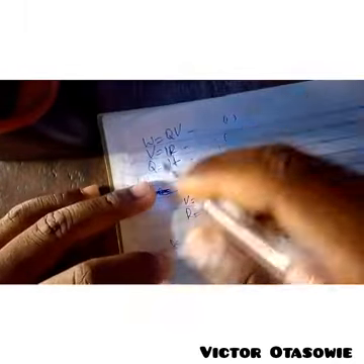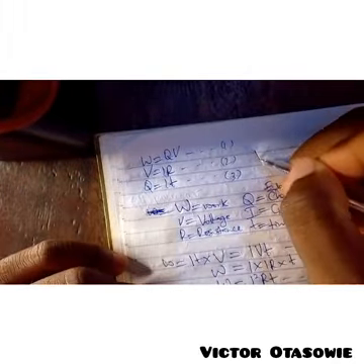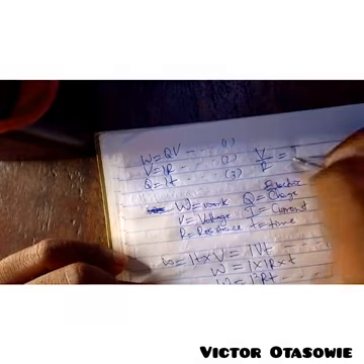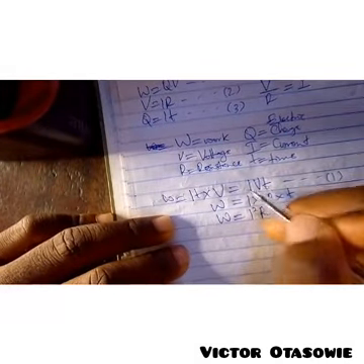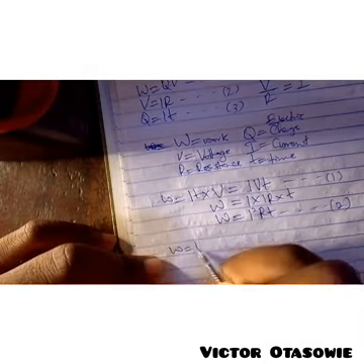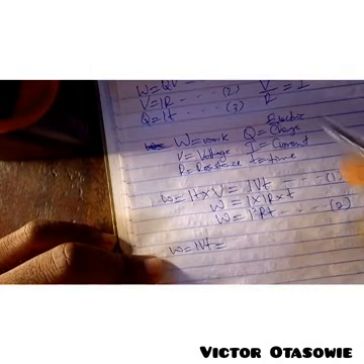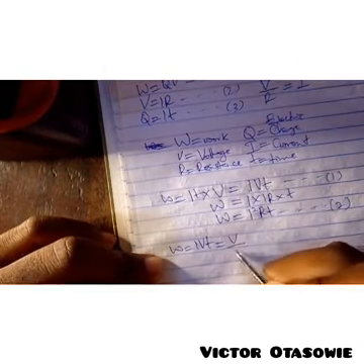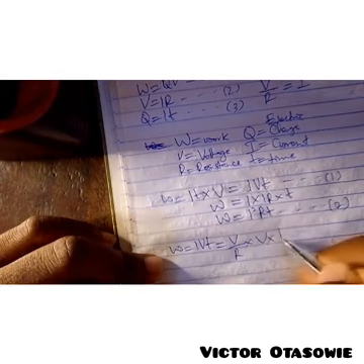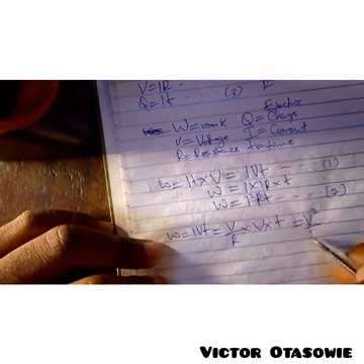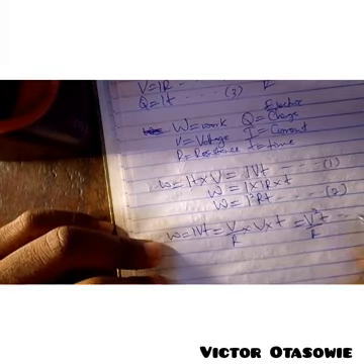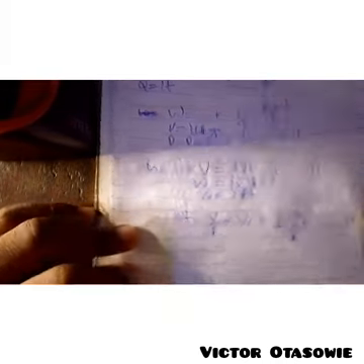Then we also know that if V equal to IR, we can also write that V over R equal to I. So we can replace this I here with V over R. We have that W equal to IVT before, so we replace this I with V over R: V over R times V times T. And this will give us V times V, which is V square T over R, which is our equation 3.